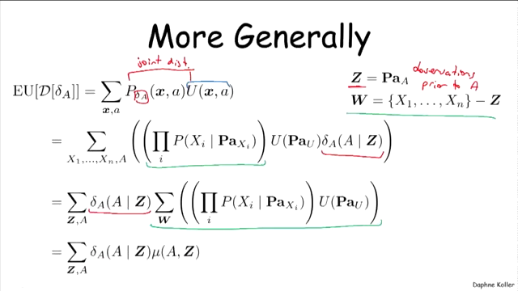And so we're going to get a utility factor just as we did before, which is a function of A and its parents. And we want to optimize the decision rule so as to maximize the possible summation over here.